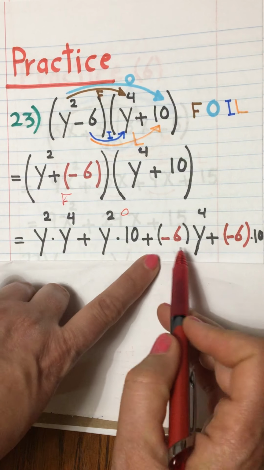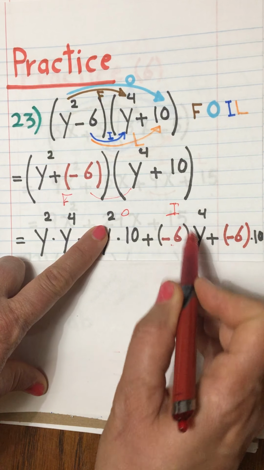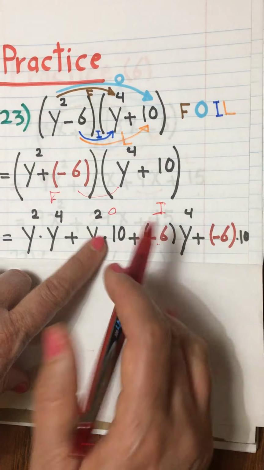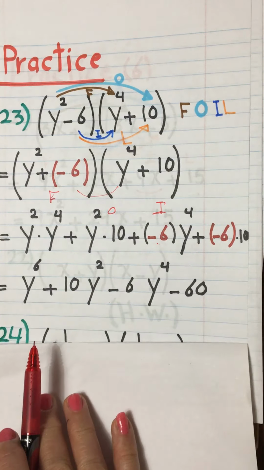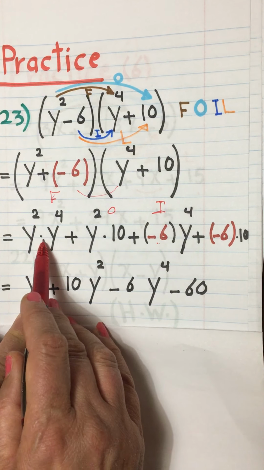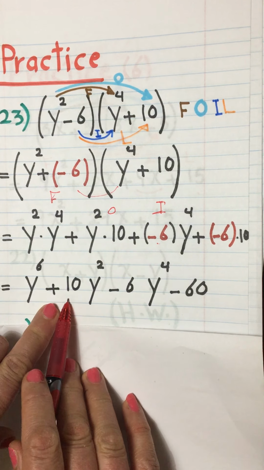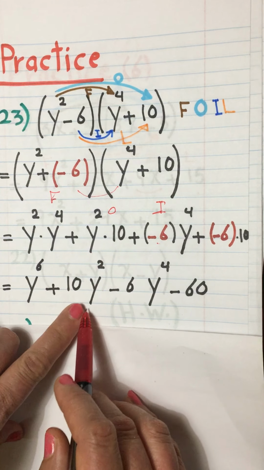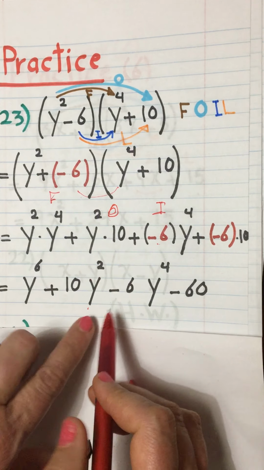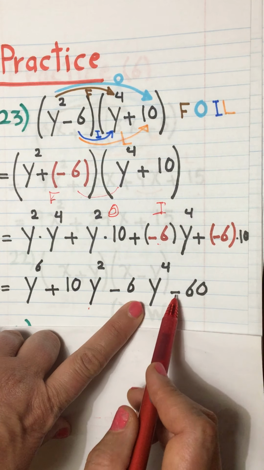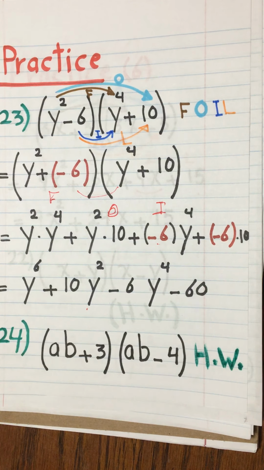Then inner terms, negative 6 times y to the power 4. And then last terms, negative 6 times 10. When I multiply, I add up exponents. 2 plus 4 is 6. So y to the power 6 plus 10y squared, that's O, and minus 6y to the power 4 minus 60. 6 times 10, 60. And this is your homework.